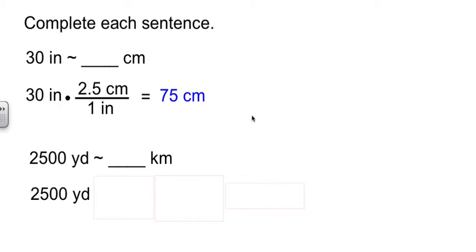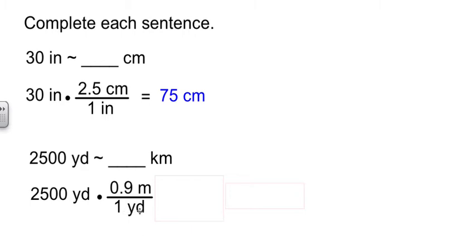Suppose they gave me 2,500 yards and asked me to turn that into kilometers. Well, I don't have a yard to kilometer conversion on there, so I'm going to have to do a little lifting here. I do have a yards to meters conversion.